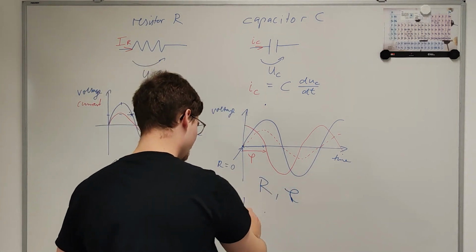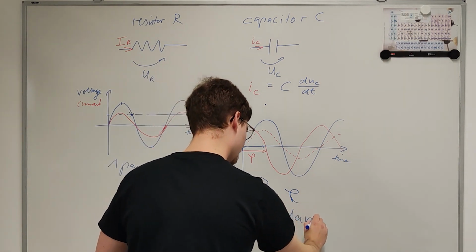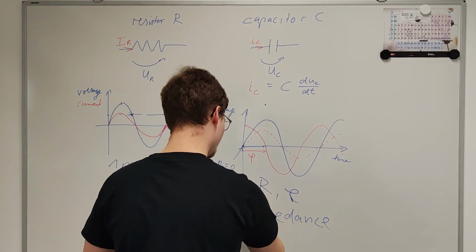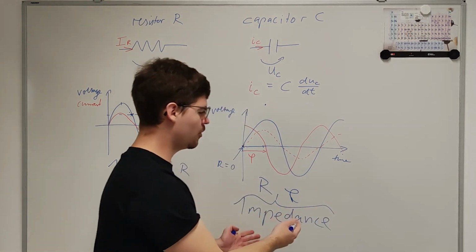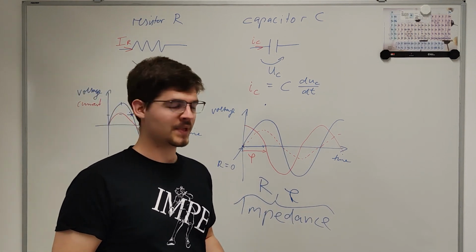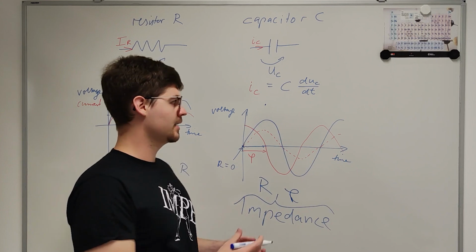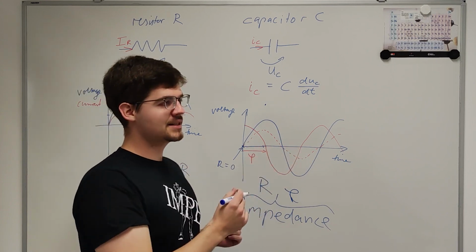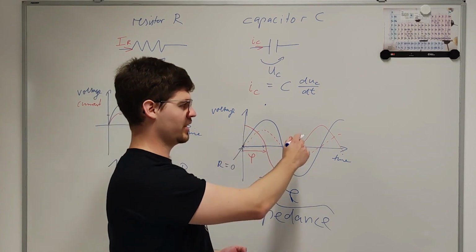And together they form the impedance. And the impedance is essentially the system description that mediates what kind of current response we get when we apply an alternating voltage waveform.